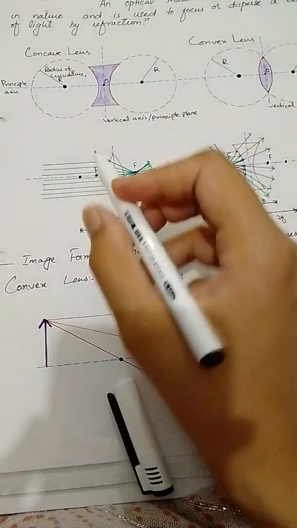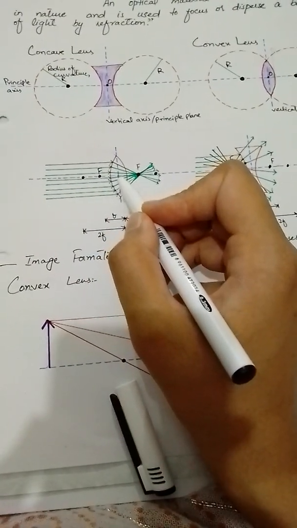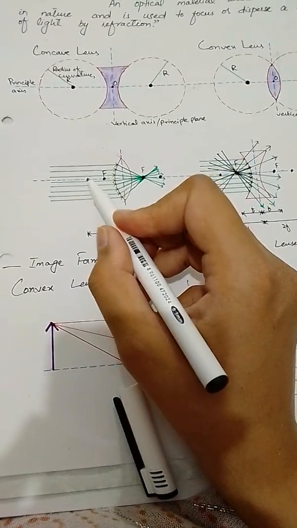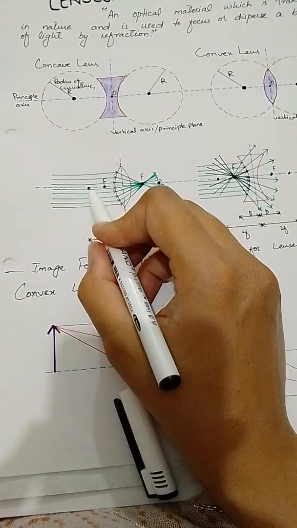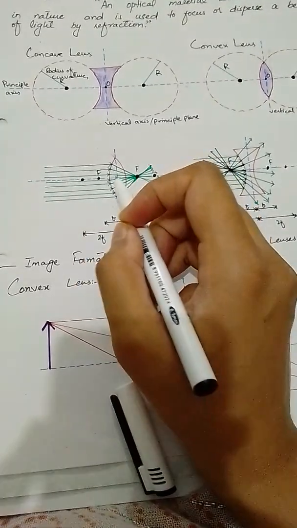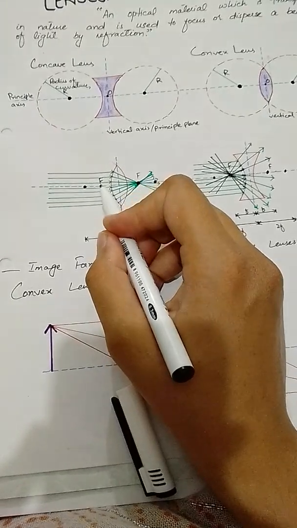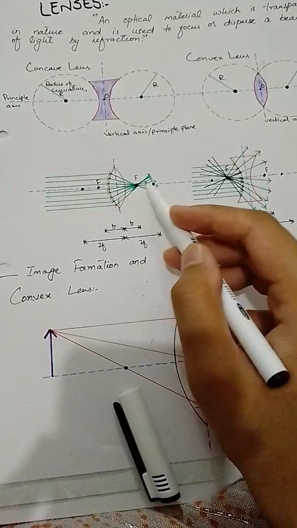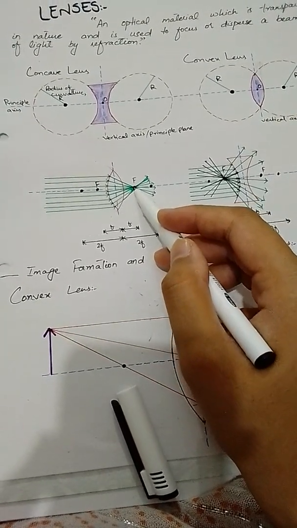This is called 2f, the distance from the center of the lens to double the focal length. If we divide this distance in half, we get the focus.